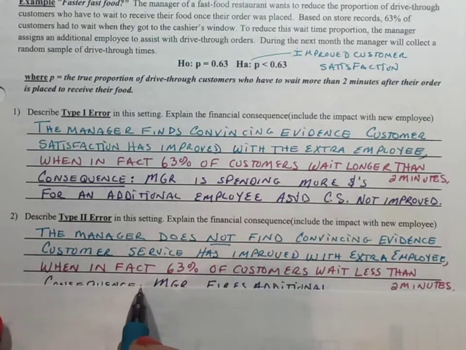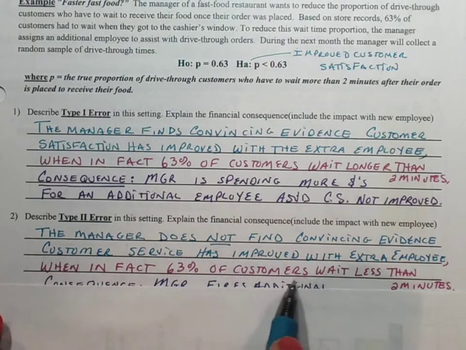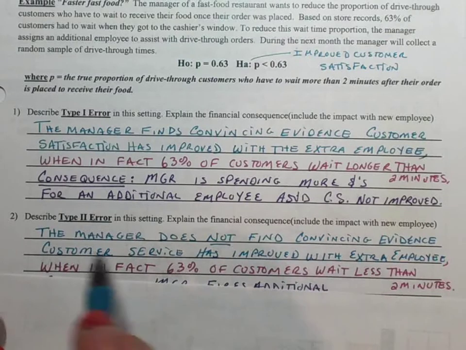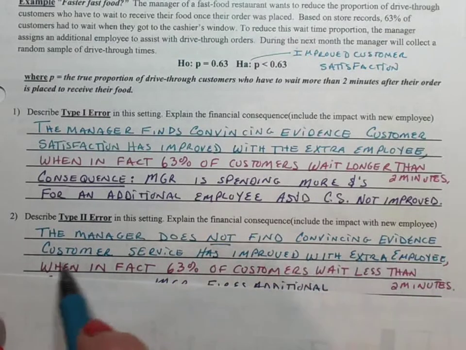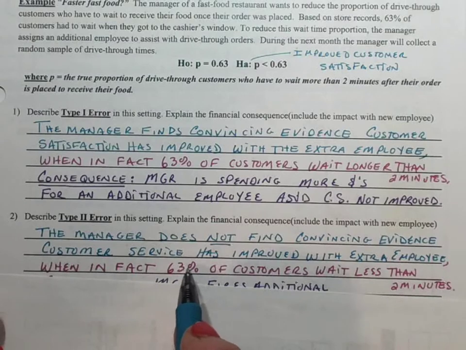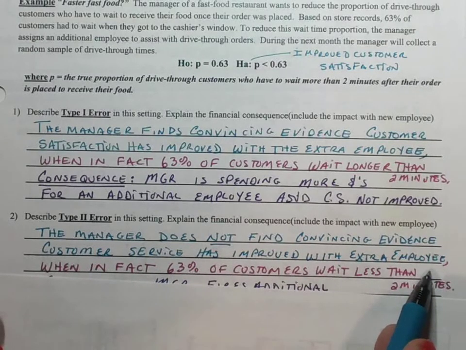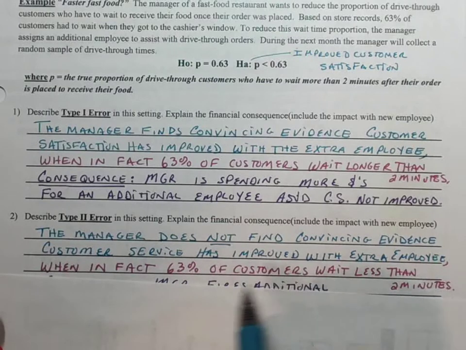But in fact, 63% of the customers wait less than 2 minutes. The manager does not find convincing evidence customer service has improved with the extra employee, when in fact, 63% of the customers wait less than 2 minutes.